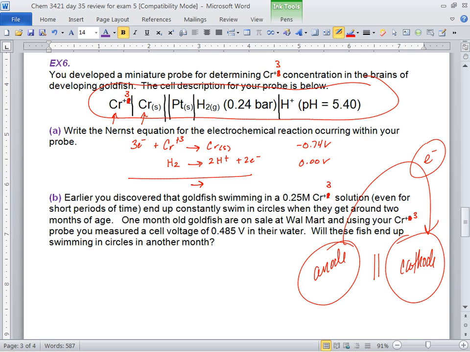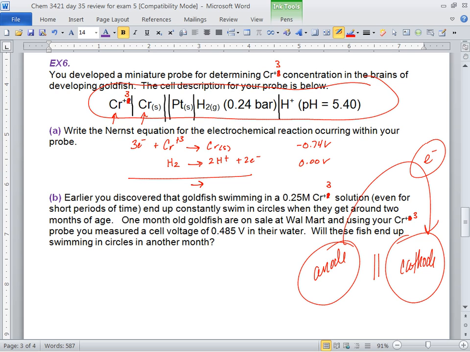Don't worry about it. It still works. Oh, right? I just thought that meant that we would switch things around. No, we're going to follow that rule with cell notation. With cell notation, you have to have reactants going to product, otherwise you're not following the cell notation. I'm not following cell notation because I forgot to write anode, produce oxidation as an anode, reduction as a cathode.